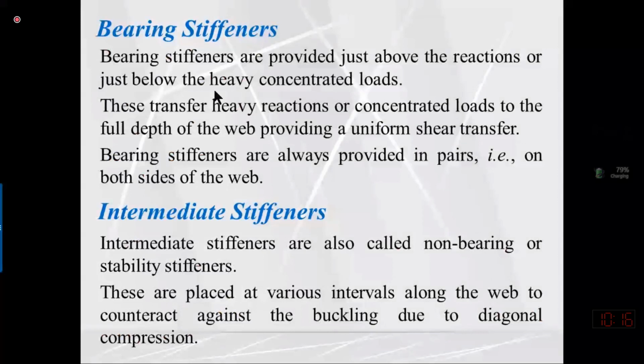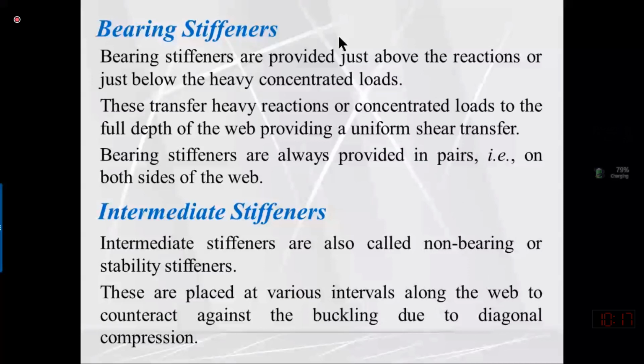Force, reaction, and any heavy or concentrated load acting on the plate girder. So we always provide bearing stiffeners at supports and wherever a point load is acting. Why? Because when a concentrated or very heavy point load is acting on either side of the flange, due to the stress concentration, it may cause web crushing or web crippling.